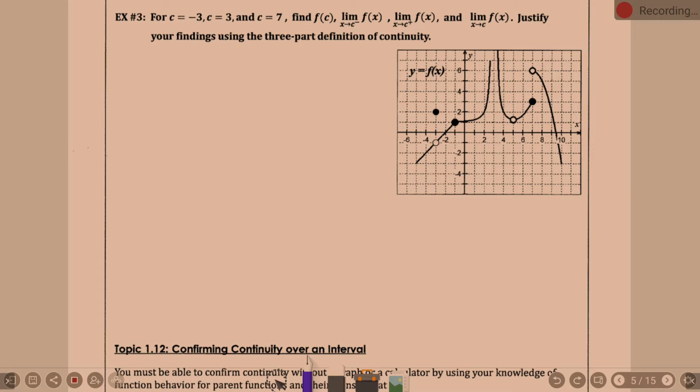Okay? So, let's start with C equals -3, and let's go through and find these pieces of information and then go from there.